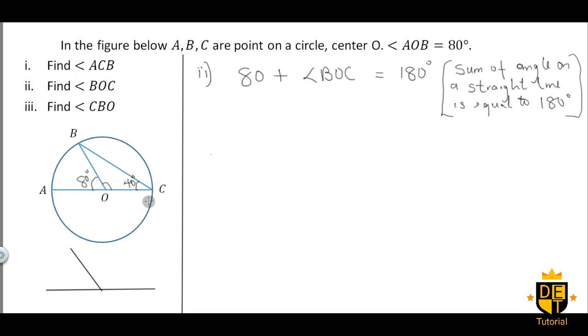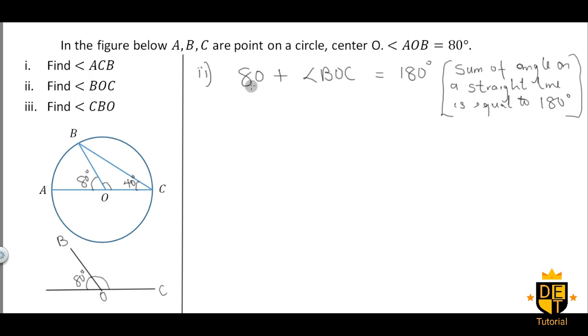I have this angle to be 80 degrees, and I am looking for this angle. This full angle on this straight line is 180 degrees. So now I'm looking for angle BOC, which is this angle. This is your point B, this is your point O, and this is your point C.